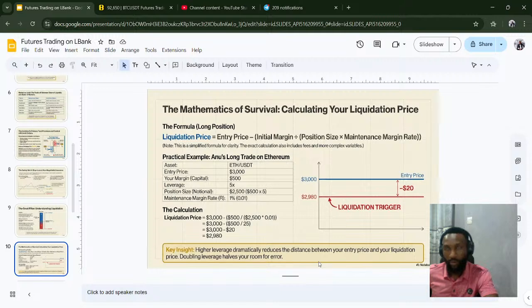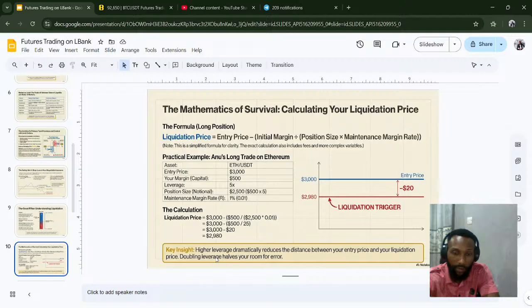So, key insights. Higher leverage dramatically reduces the distance between your entry price and your liquidation price.